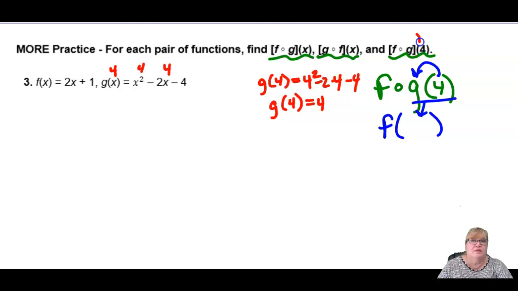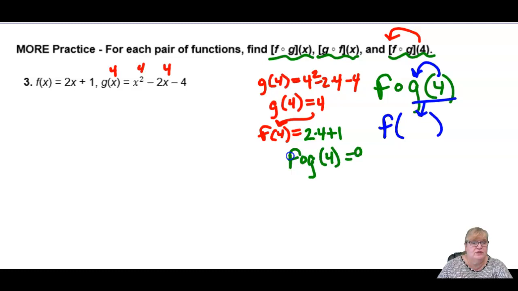And then we would need to put that into F. This is not a very good example because it's this 4 either way. So we'd have 2 times 4 plus 1, which is 8 plus 1 are 9. So we have f of g of 4 equals 9. And we're going to check that at the end because we're going to plug a 4 into our final evaluation here.